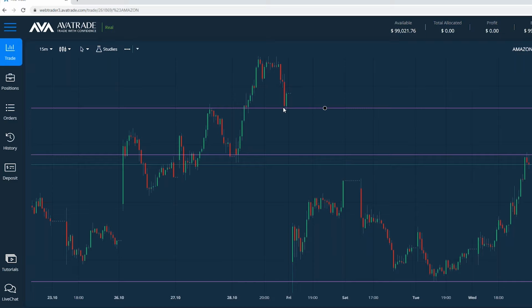And fundamentally, why would you want to sell if it reaches the top of this gap? Because the fundamentals say 50,000 shares being sold by Bezos and supply chain potential problems leading into Christmas. Maybe that resistance level up here would hold, and maybe a sell makes sense fundamentally.